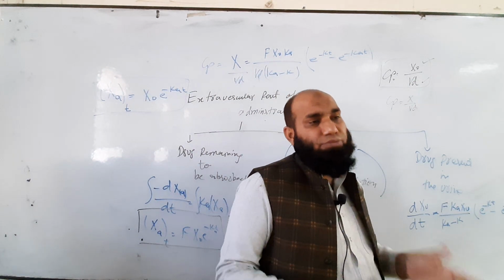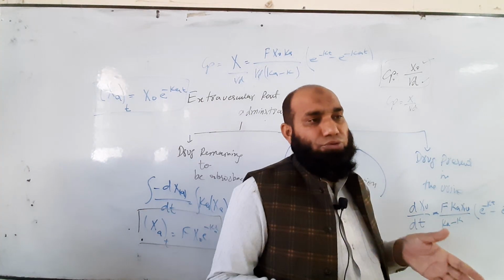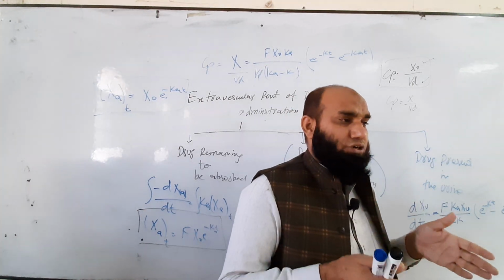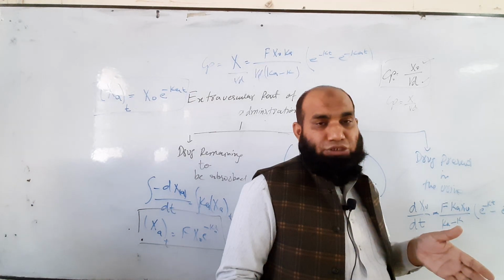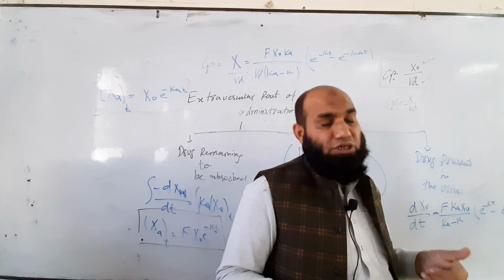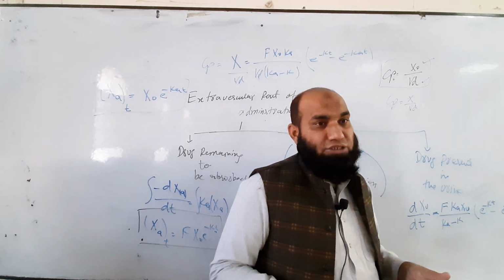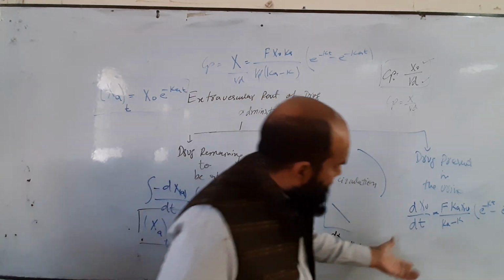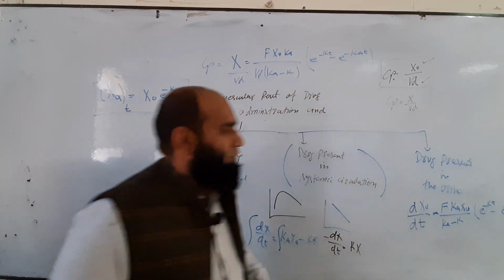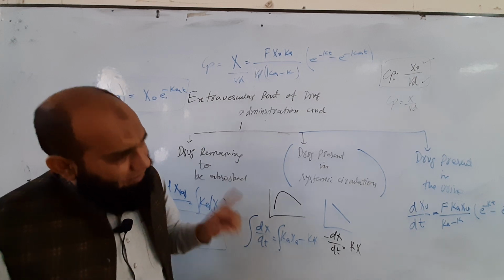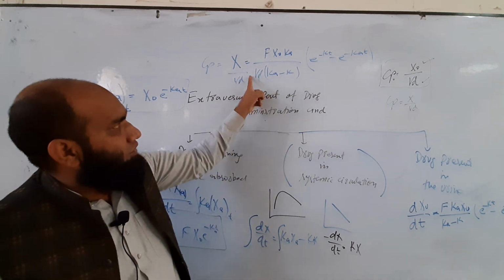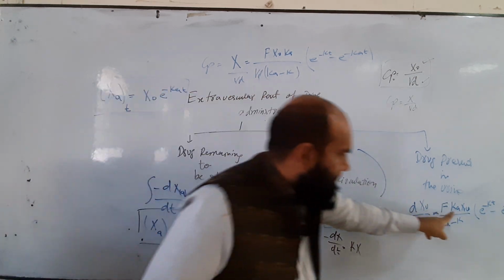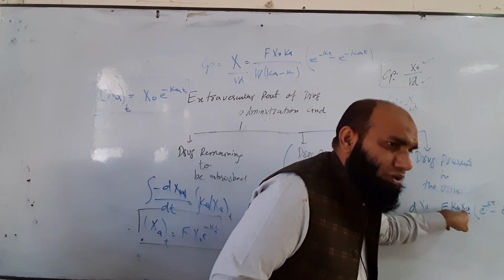These are the same equations which can be used for the calculations of the drug after giving it to the patient by oral tablets, but applying the concept of the urine. And when we use this concept of the urine, we will have to collect one extra parameter, that is the amount of drug which is coming into the urine.